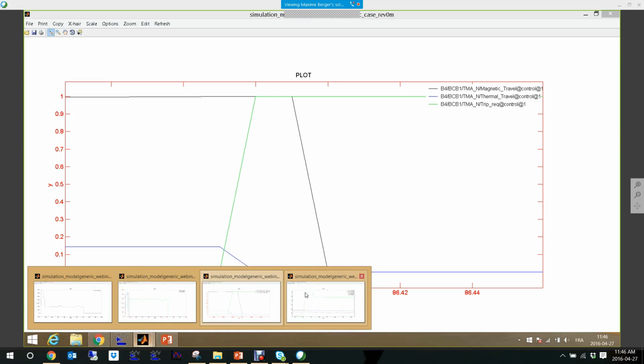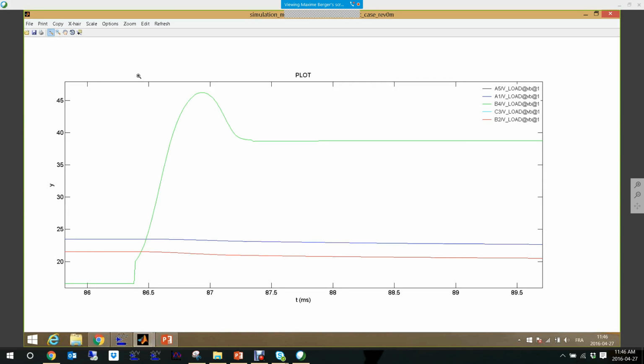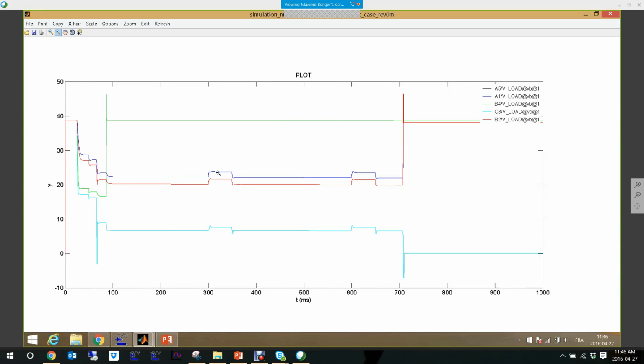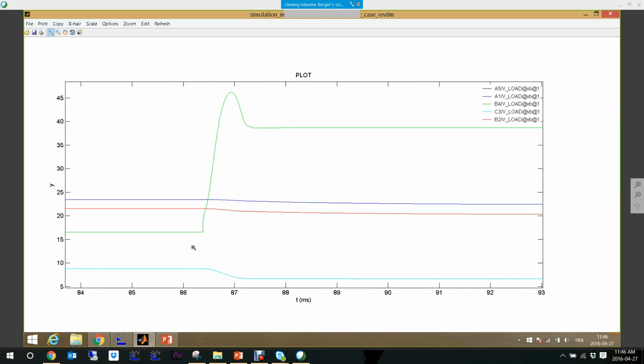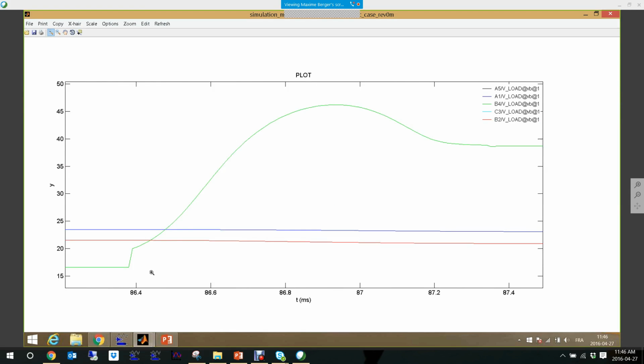So now, if we are looking at the transient overvoltage, the voltage at the loads, if we go to 36.38 milliseconds, we will see that the arc of the circuit breaker is modeled, and it is what we see here.